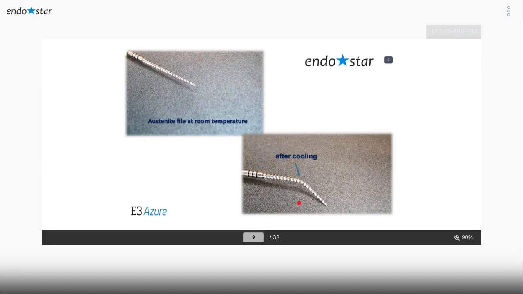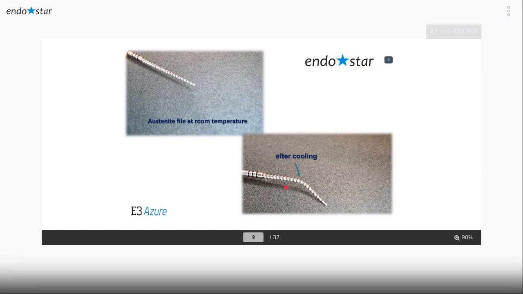I hope we passed this part for good, but here I will share with you one experiment I did myself, okay? As you see in the picture, this file is a completely austenitic matrix at room temperature, which has only super elasticity or pseudo elasticity, which means you cannot pre-curve it inside the canal.